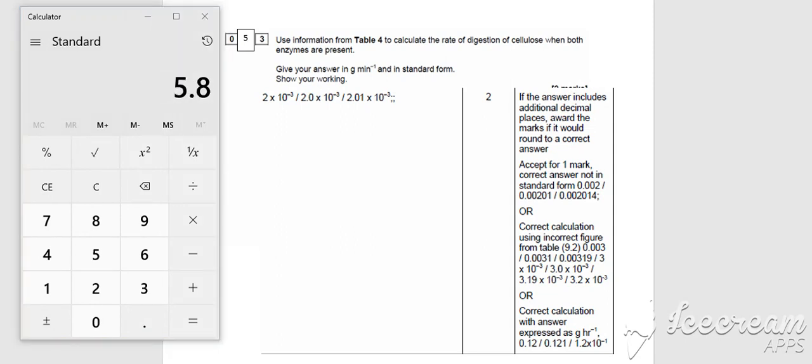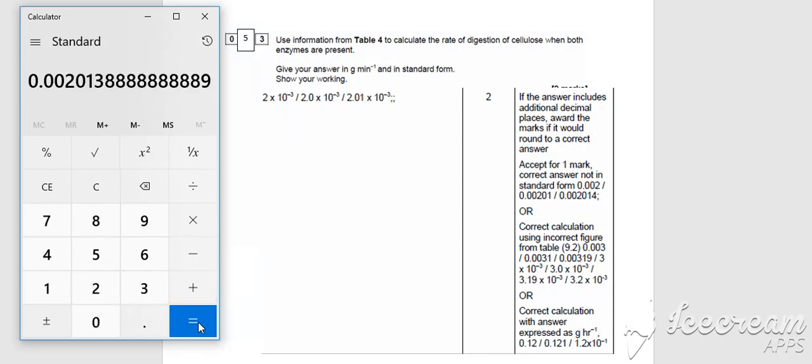So we use our rate equation: we look at how much of the cellulose was digested, and we divide that by the time taken. So there was 5.8 grams digested, and this was over 2,880 minutes, which gives us an answer of 0.002, and so on.